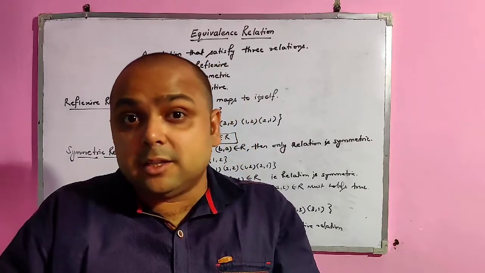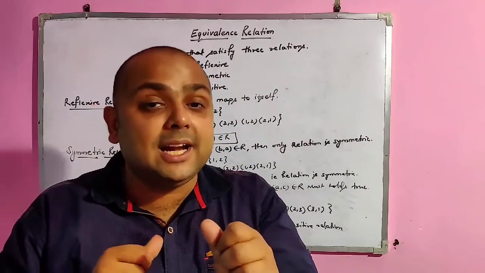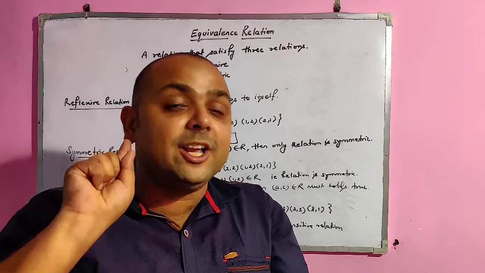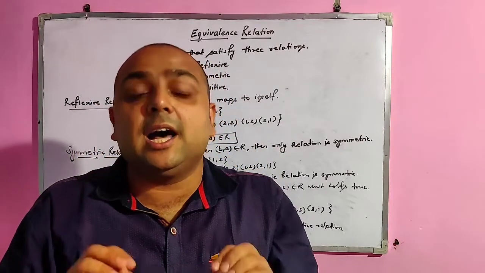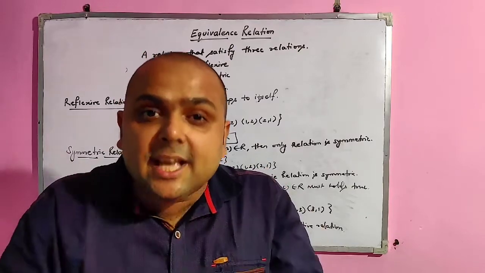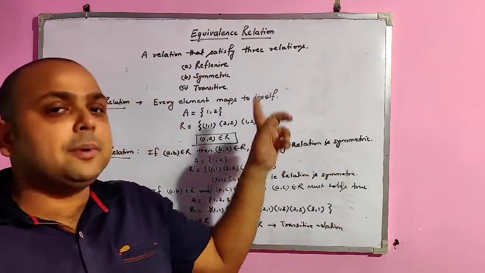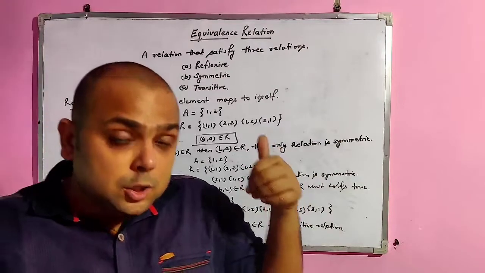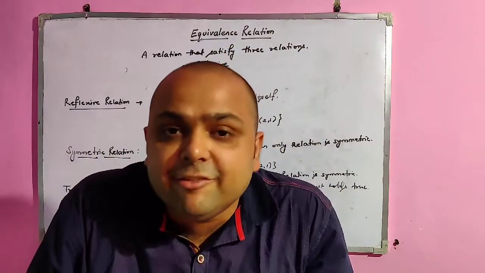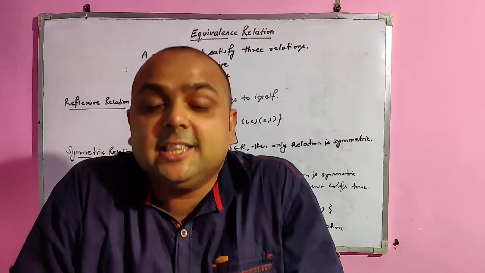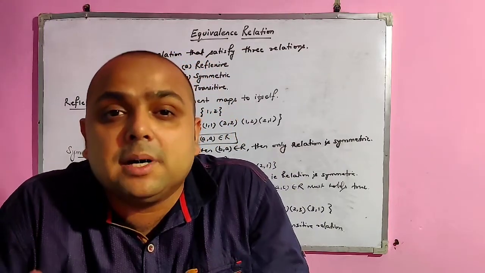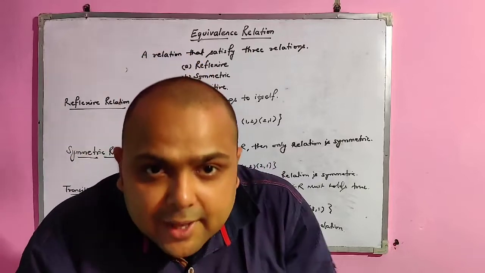But the main difference between the two is that in the case of the identity relation, only the available elements are related to themselves, but here they are related to some other elements also. So in the case of a reflexive relation, mapping to itself is necessary, that is, the same element must lie in the ordered pair.